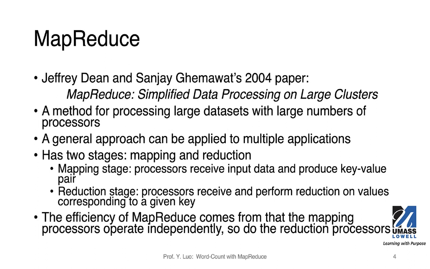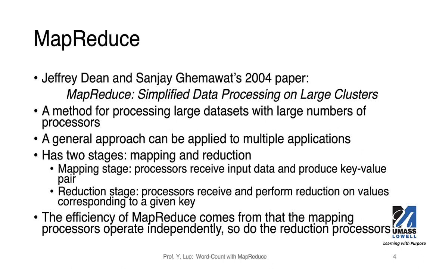And MapReduce has two stages, mapping and reduction. In the mapping stage, processors receive input data and produce key value pairs. In the reduction stage, the processors receive such key value pairs and perform reduction on values corresponding to a given key.